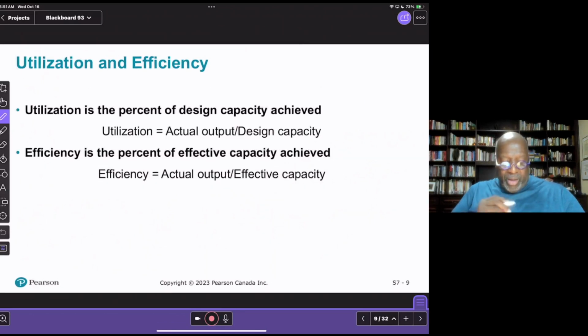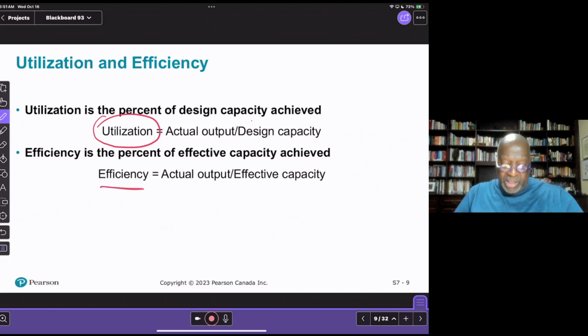So definitions: utilization is the percentage of the design capacity that you achieve. In this case, we're limited to 80%, that's what we're achieving. That's our utilization. All right. And so our utilization is the actual output over the design capacity.